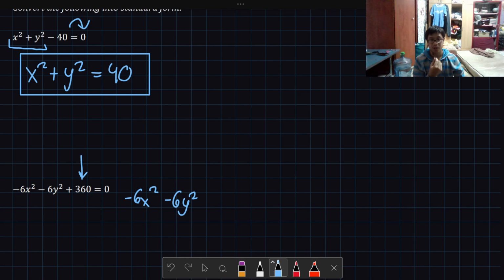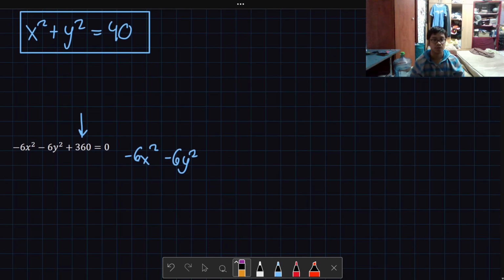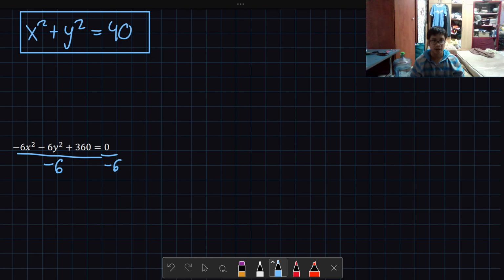First, we divide the equation by negative 6, so we will have negative 6 as our denominator on both sides. Again, if the coefficient is not 1, you have to divide both sides of the equation by its coefficient. In this case, we divide by negative 6.